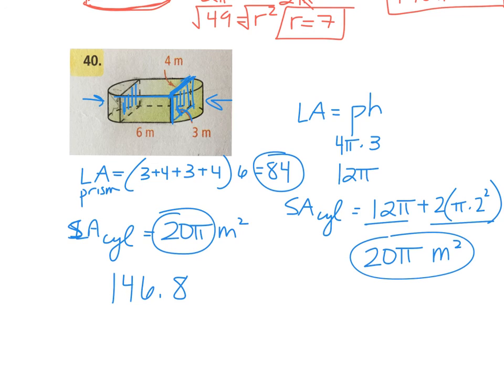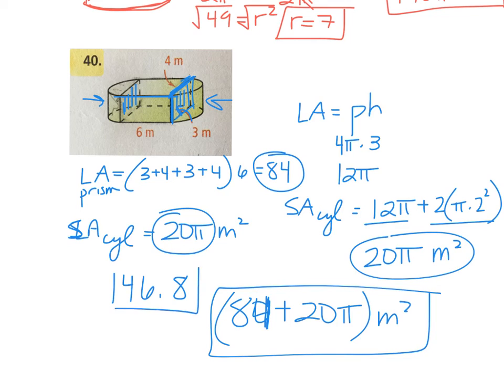And that should be the surface area of that whole figure. I just realized the book gave the exact answer: 84 plus 20 pi square meters. So this is exact, and the other is the rounded answer. Okay, that's it.